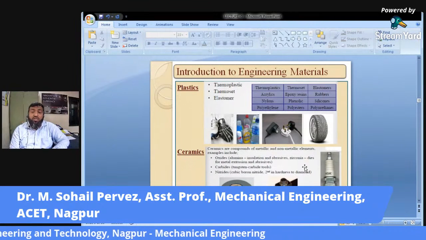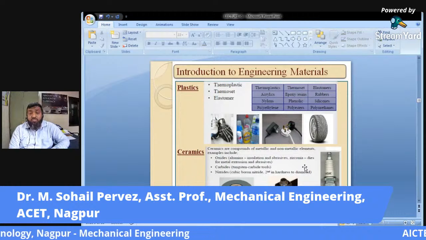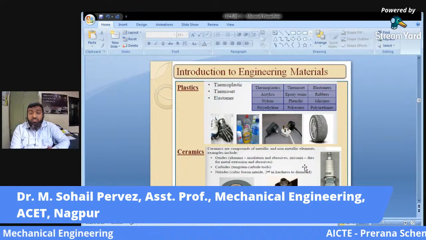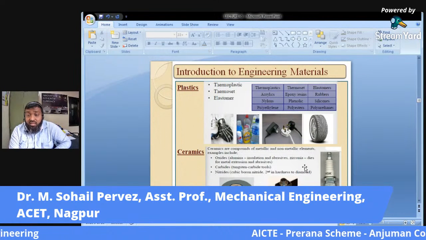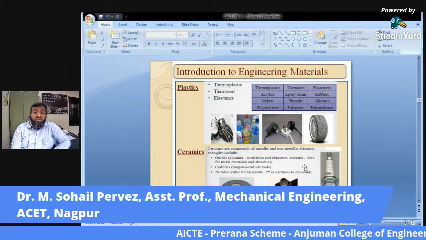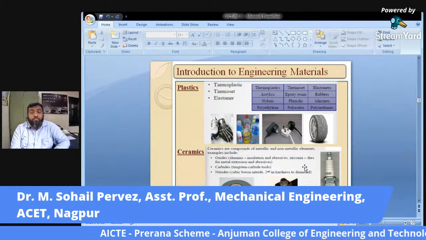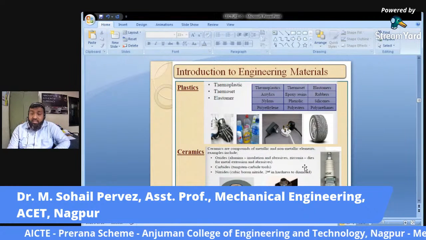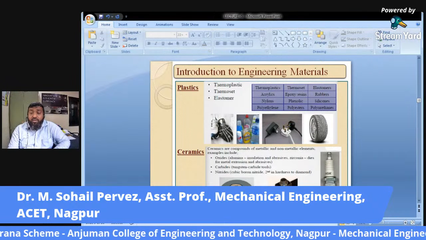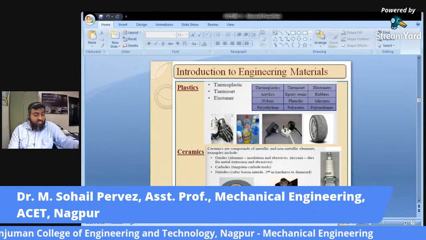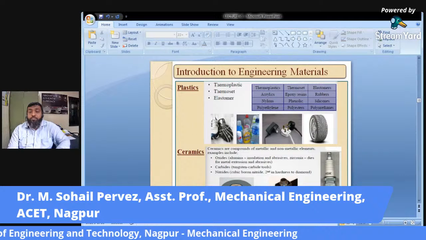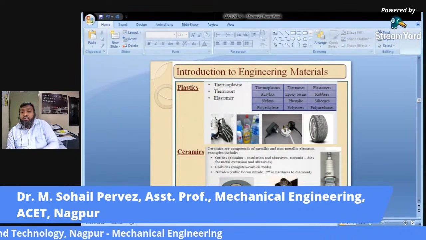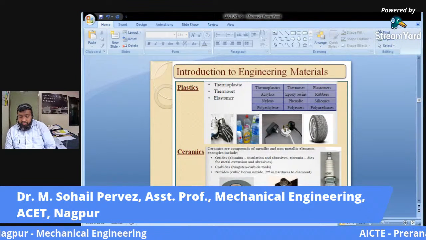Ceramic compounds are both metallic and non-metallic elements. It includes oxides, alumina for insulation and abrasives, zirconia, dies for metal extrusion, and abrasives. I think the diagram itself is self-explanatory regarding the ceramics, carbides, tungsten and others.